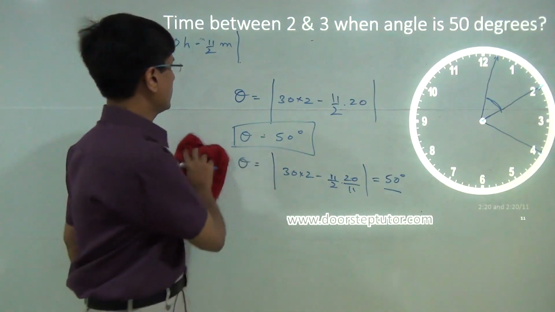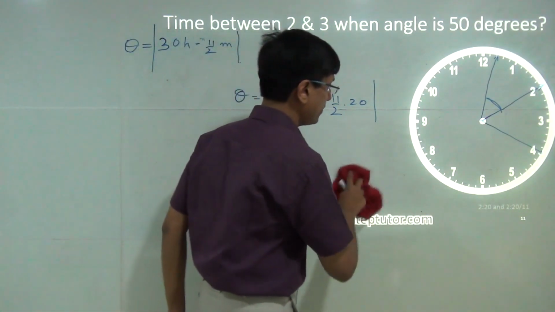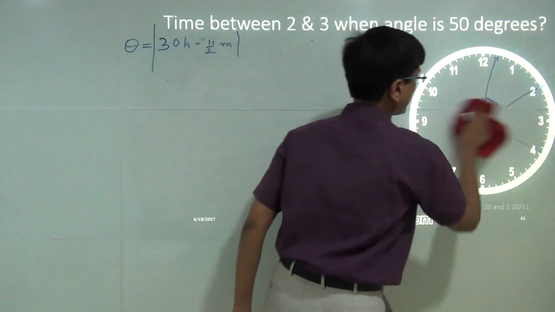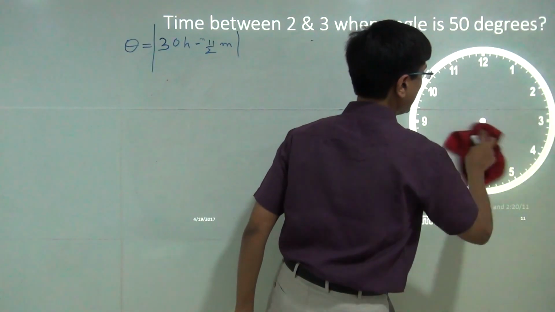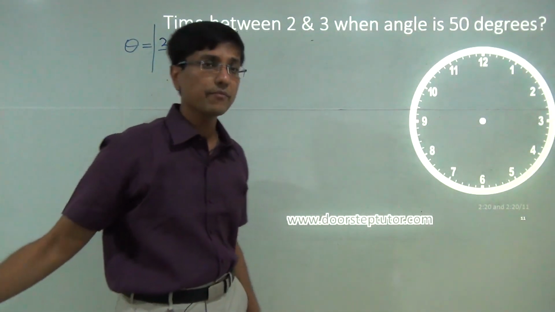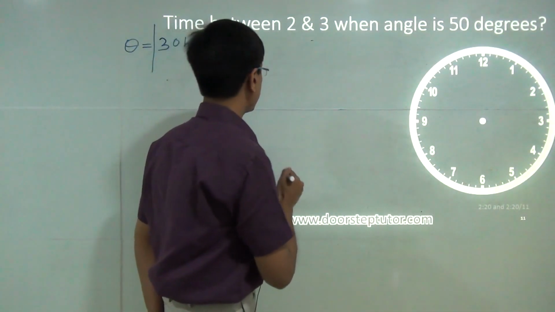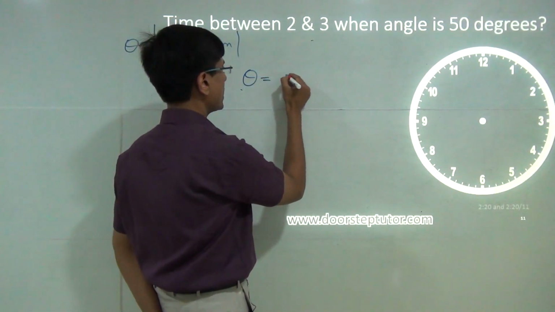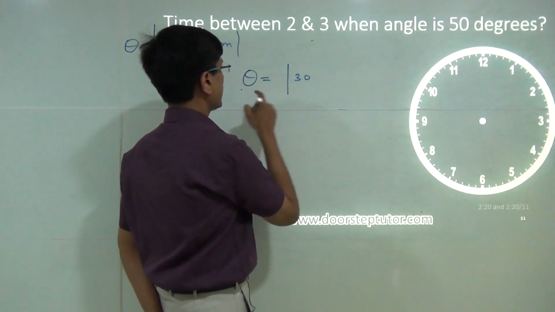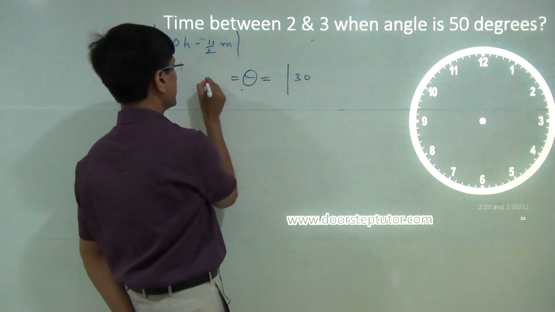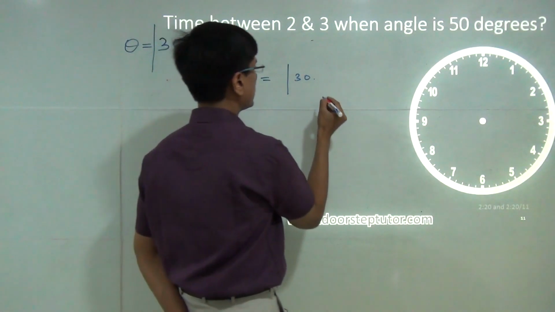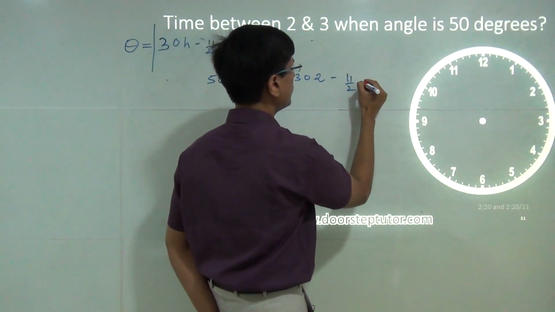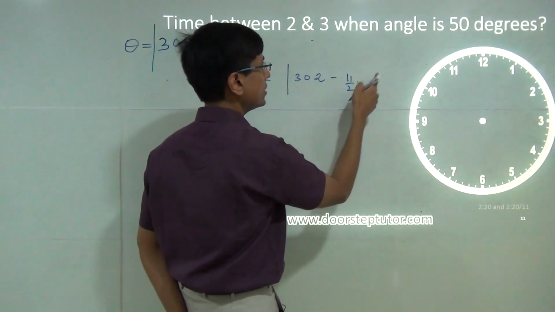Now here, a lot of students make a mistake when we have to go the other way around. If I am given the angle and I am being asked at what time that angle appears, then a lot of students make a mistake, and I will show you why. Again, theta, we know it is 50 degrees, that is given in the question. 30 into the time, it is 2 minus 11 by 2 into m.